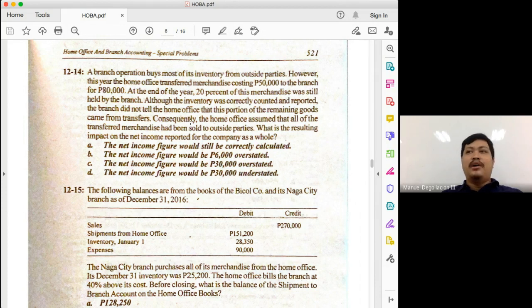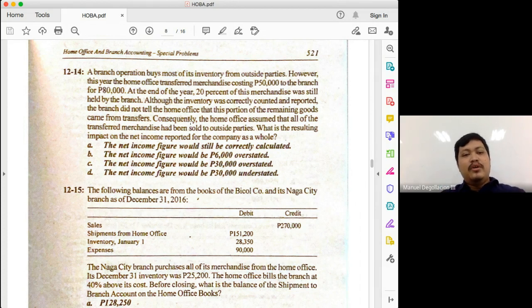It will be part of your ending inventory. So what does that mean? The 6,000 would be the markup on the ending inventory of the branch. So if you will be asked how much is the markup on the ending inventory of the branch in this problem, your answer would be 6,000. But that's not the question in this problem.